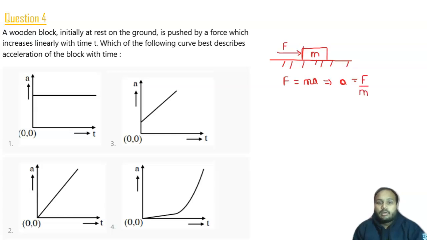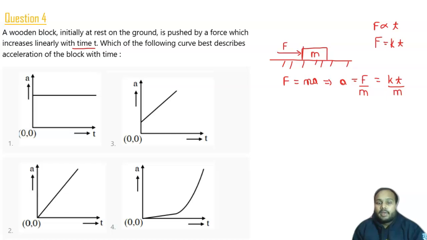And it is said that it is pushed by a force which increases linearly with time t. Fine. So let's say F is equal to kt, where k is any constant for breaking the proportionality, since F is directly proportional to time as it is given in the question. Fine. So kt by m.